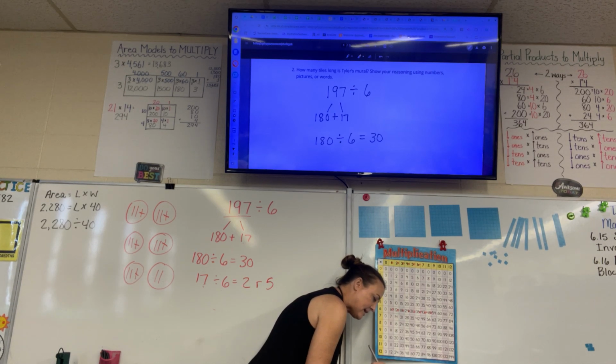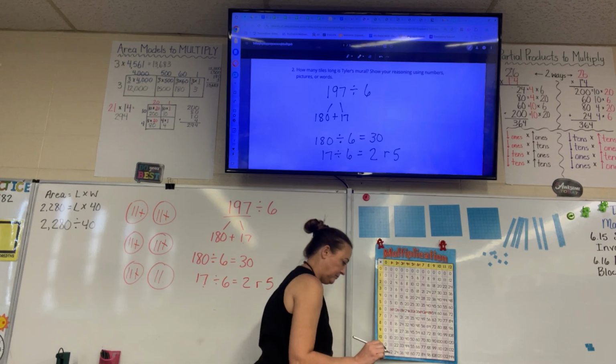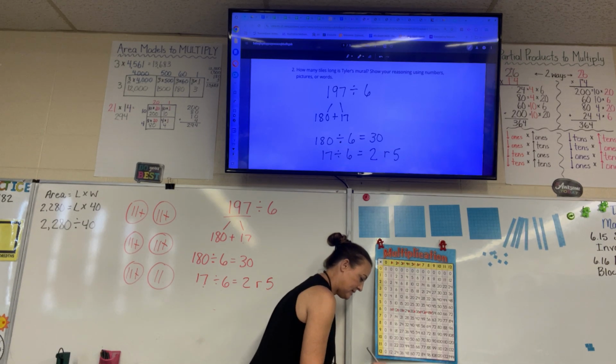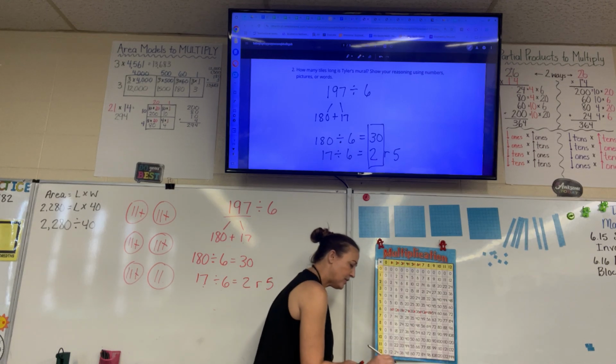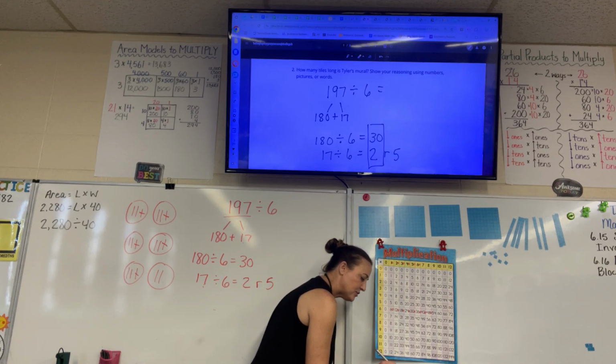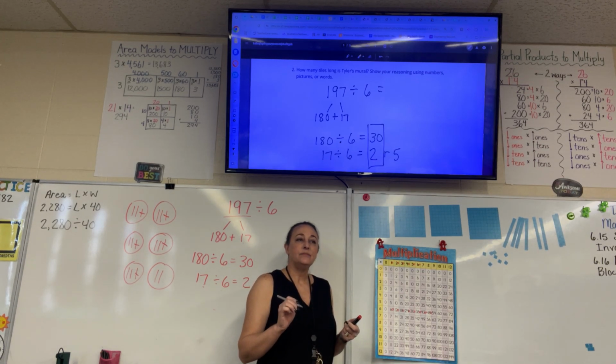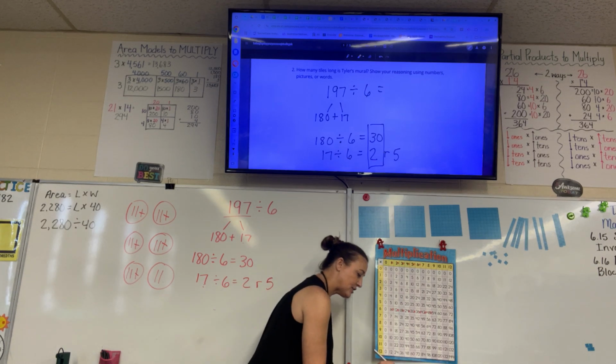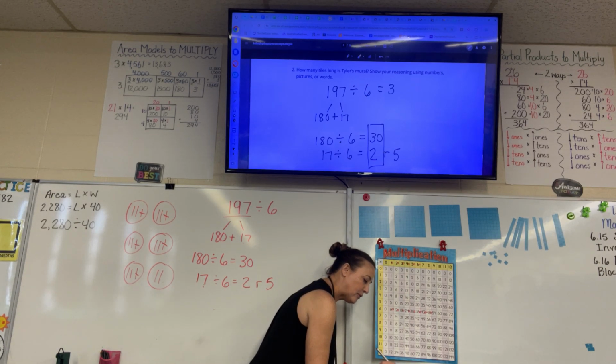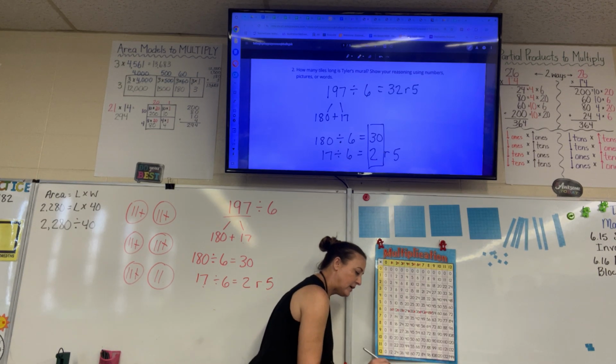And then 17 divided by 6 is 2, remainder of 5. So what's 30 plus 2? 32. So the answer to 197 divided by 6 is 32 with a remainder of 5.